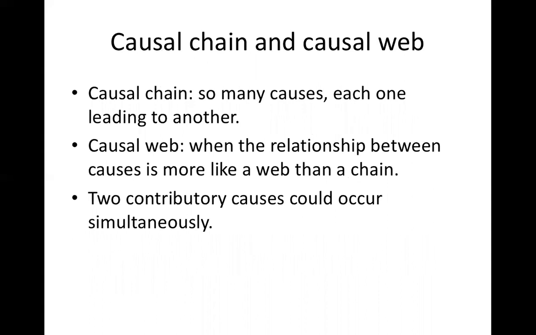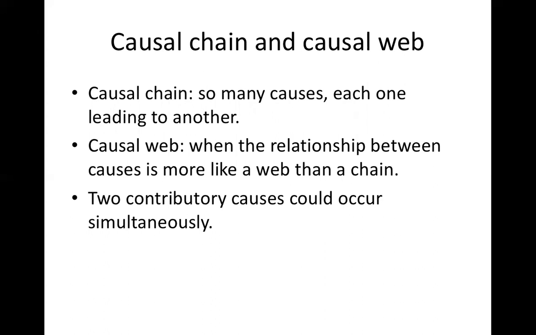Now let's look at the causal web. The causal web is when the relationship between causes is more like a web than a chain. Two contributory causes could occur simultaneously. So when two causes occur at the same time, then that's a causal web.